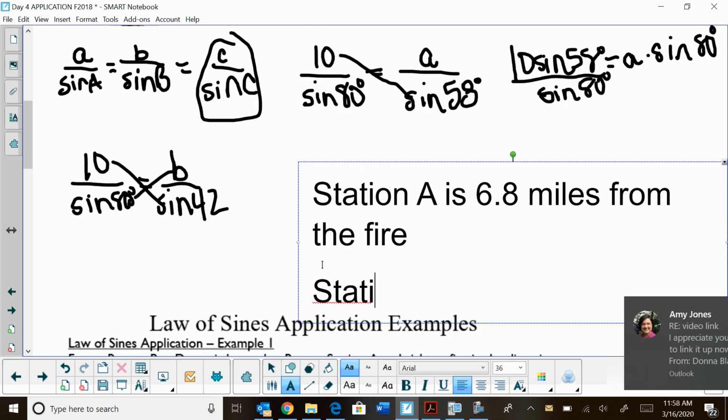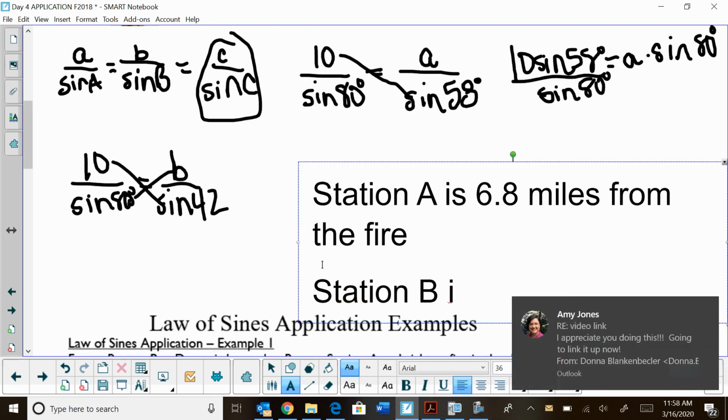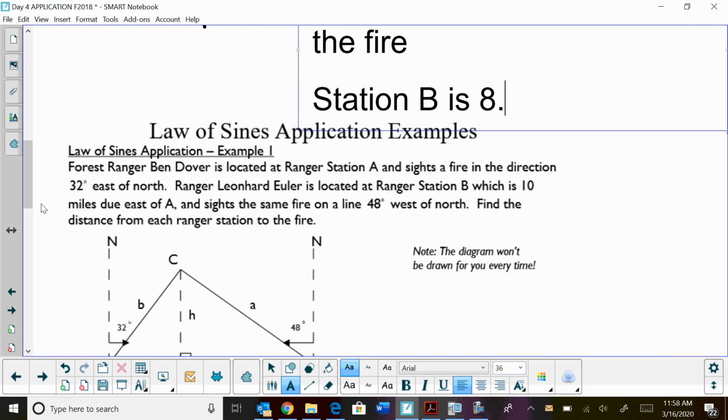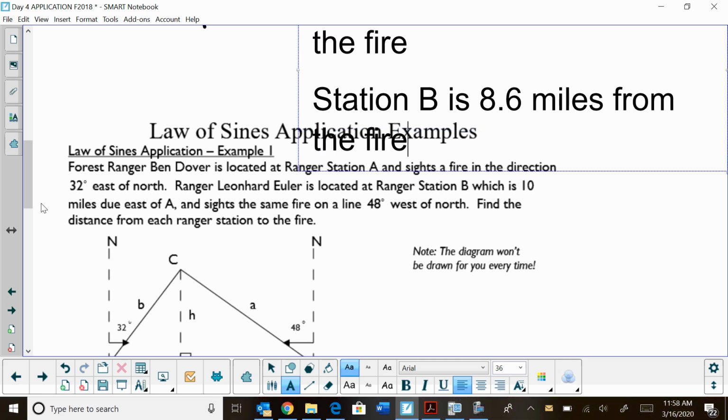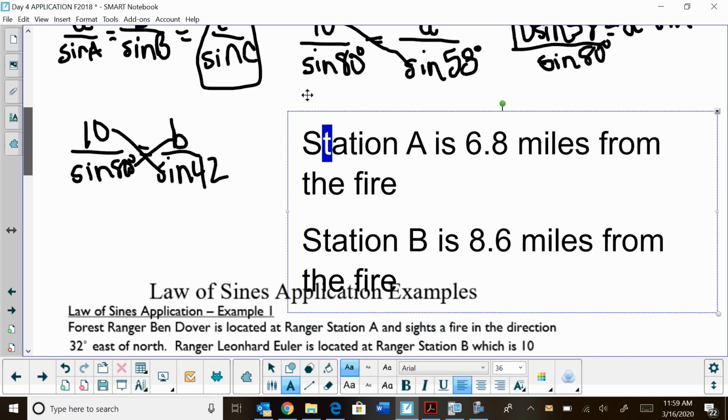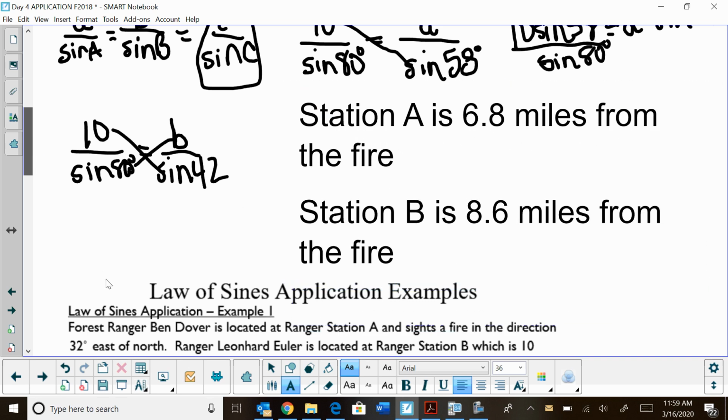And station B is, what was our answer to that one? 8.6 miles from the fire. There we go. So there's my final answer to this word problem. So there's my first example.